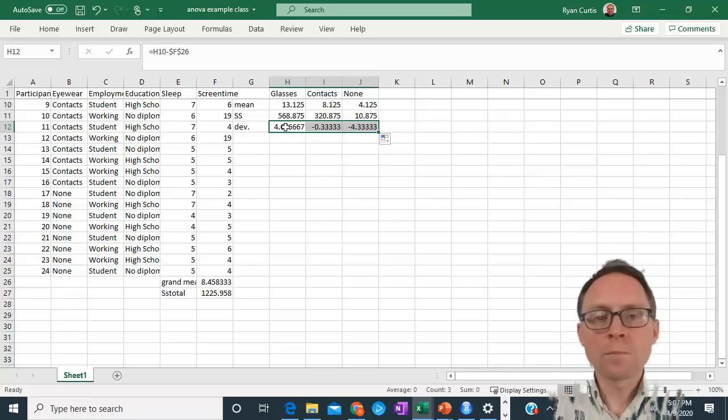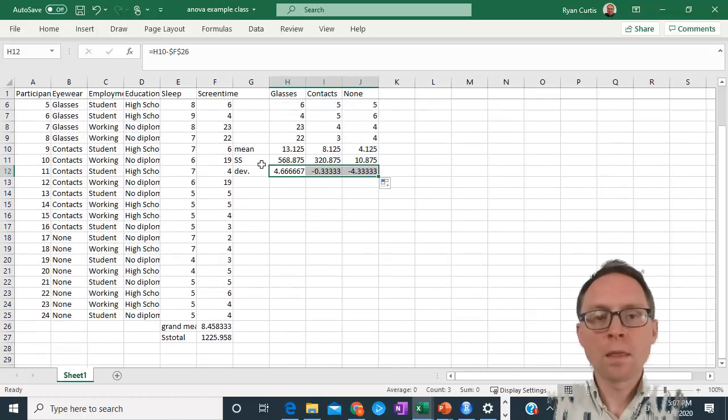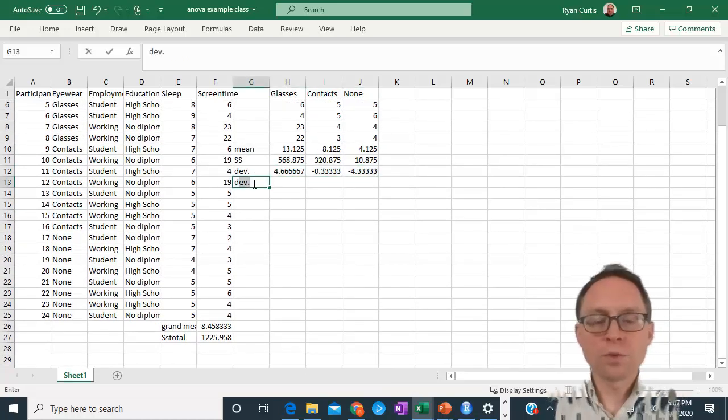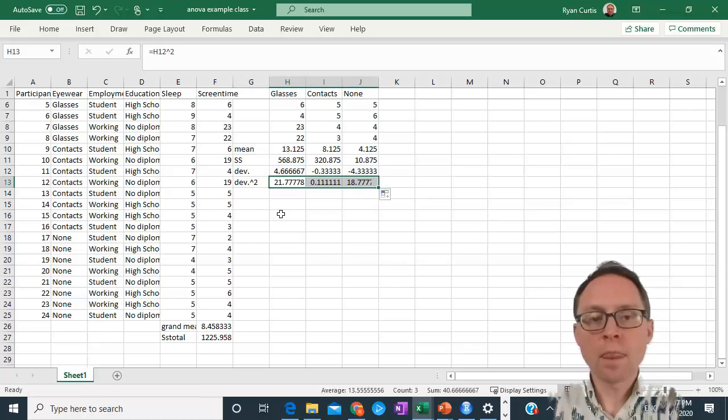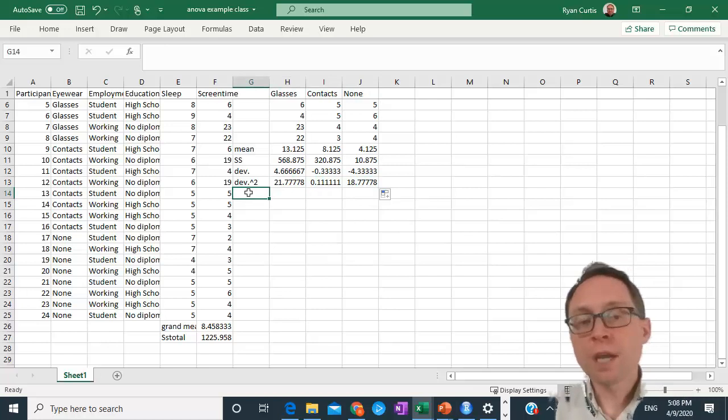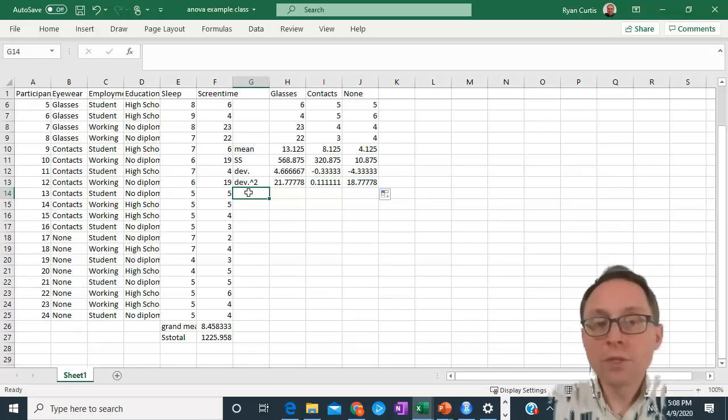All right. Then we square those. And we do deviation squared. All right. Then we take each of those times n. Now, in this case, n is equal, so we could add them up and times them afterwards, or we can times them individually.